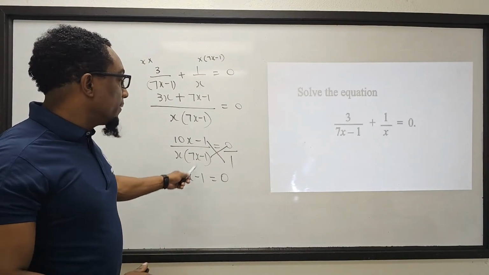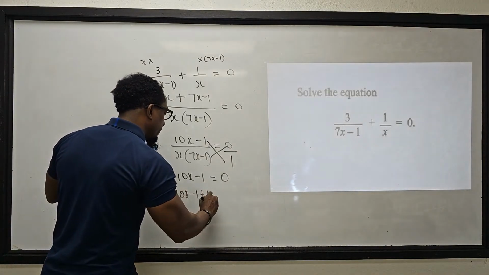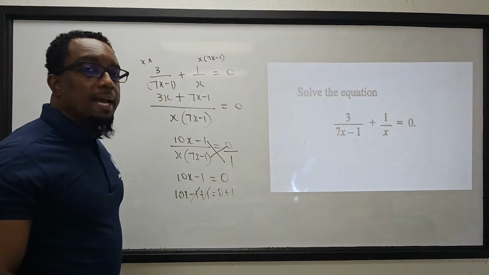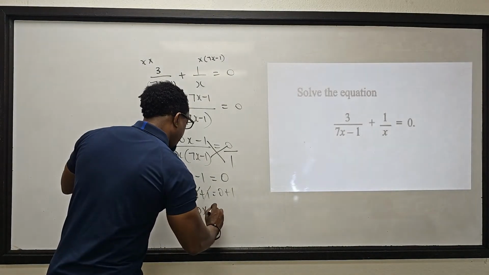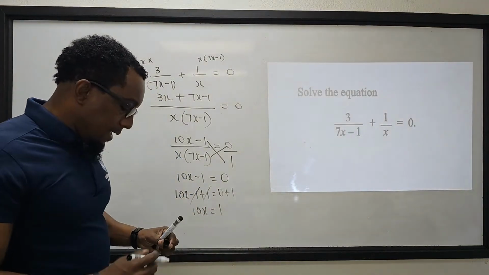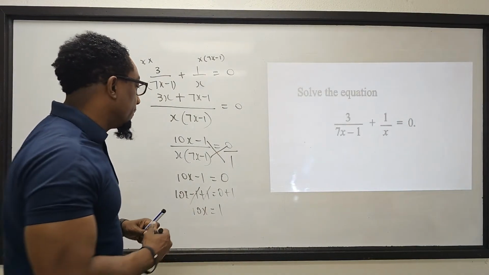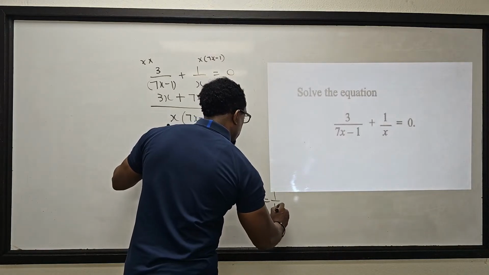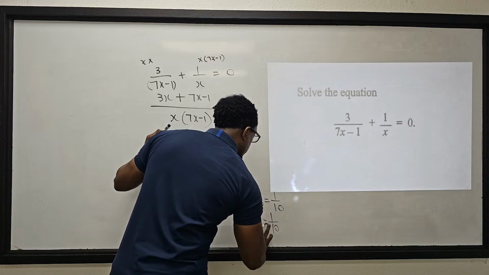So no more fractions. So let's solve that equation. I'm going to remove negative 1 by adding 1 to both sides. My negative 1, positive 1 will cancel out to become 0. I'm left with 10x, which is equal to 1, and therefore to get x by itself, I divide both sides by 10. 10x over 10, 1 over 10, x is equal to 1/10.